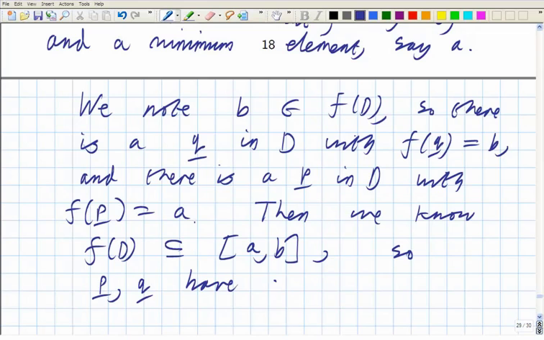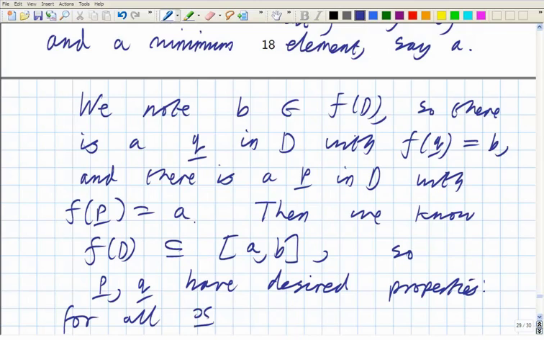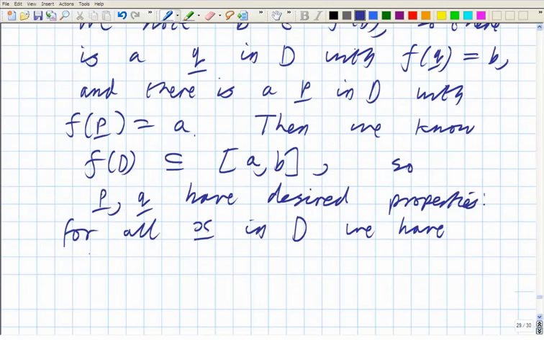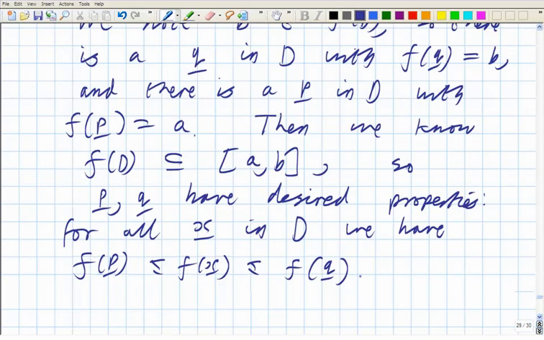For all points x in D, we've got f of P is less than or equal to f of x is less than or equal to f of Q. And that's exactly what we wanted, so we've finished.